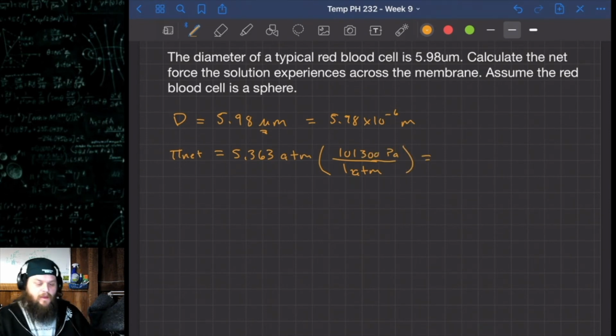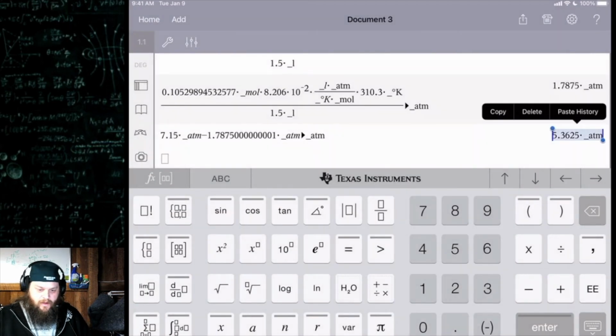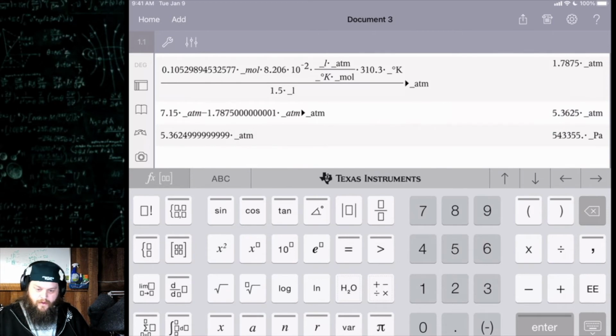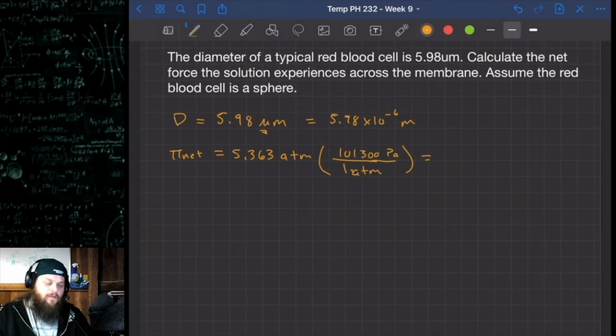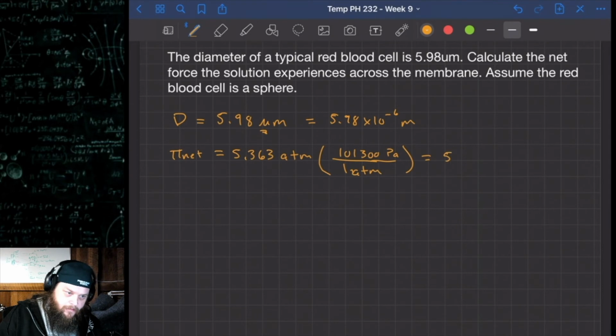My calculator will just do that. So that would be 543,355 pascals.